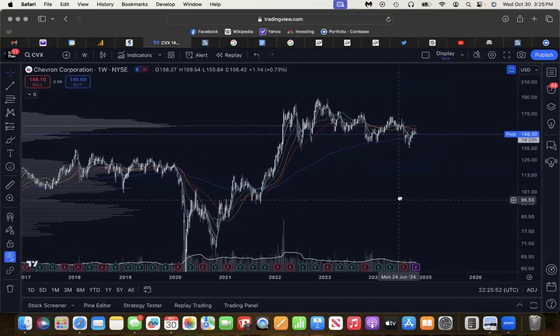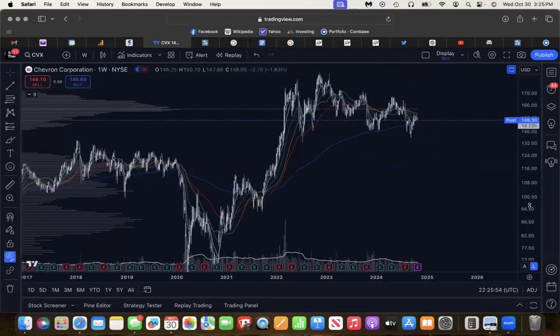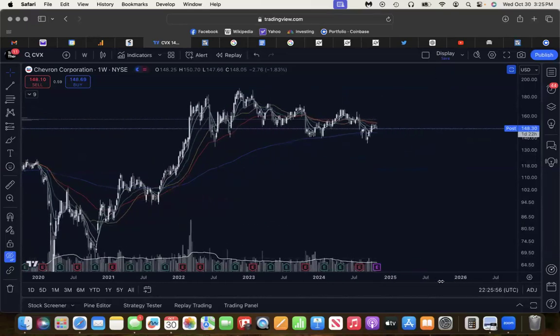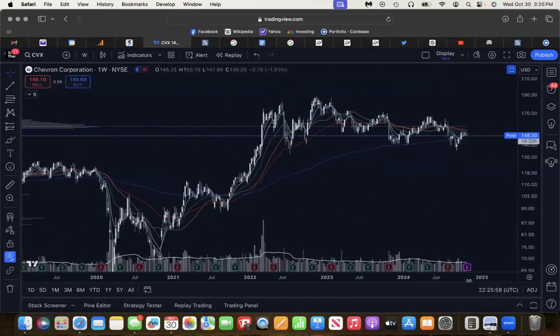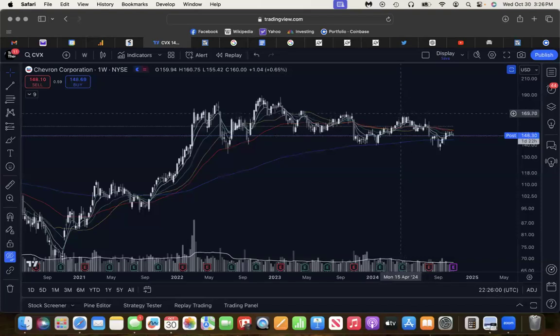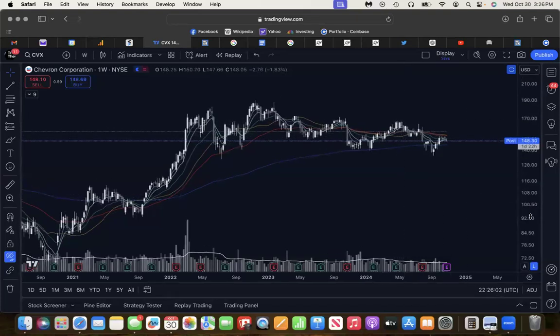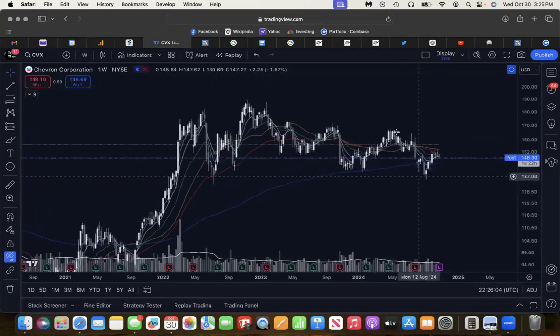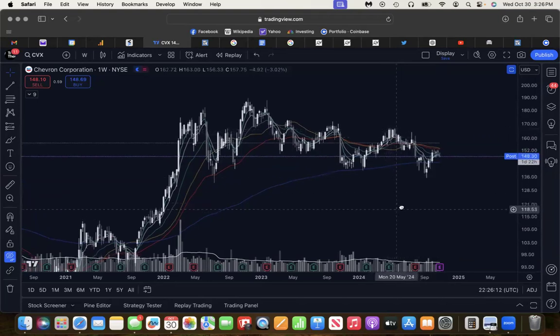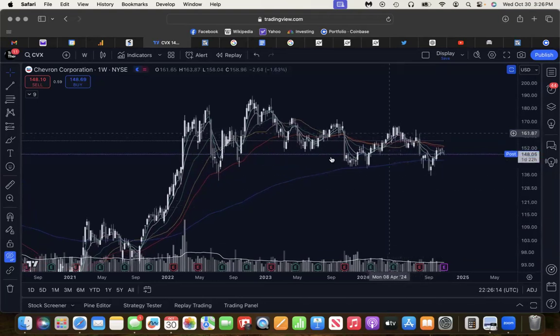These are signs of the distribution process and the beginning of a markdown process. We see a last point of supply forming here. You see these 4 candles, how they all close and open right at the same point. That's institutions selling off the last part of their long trade.